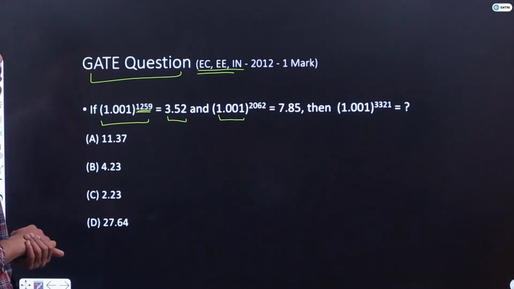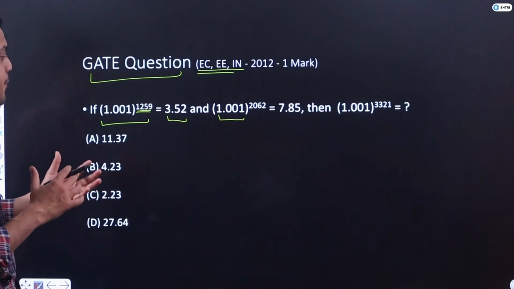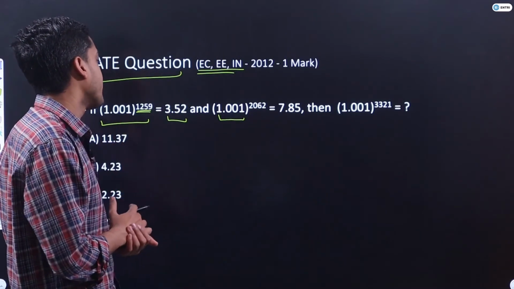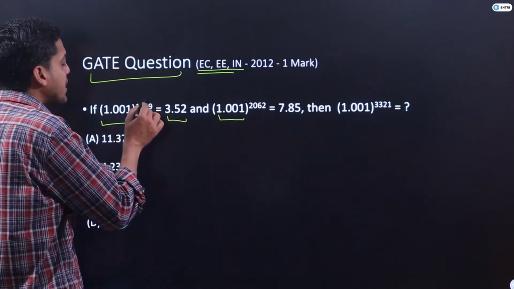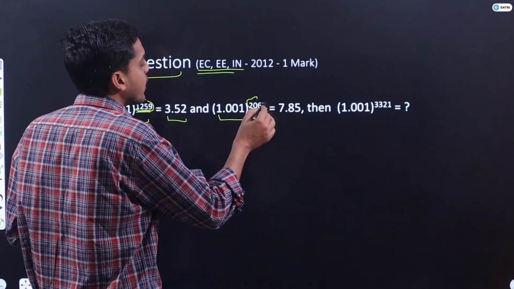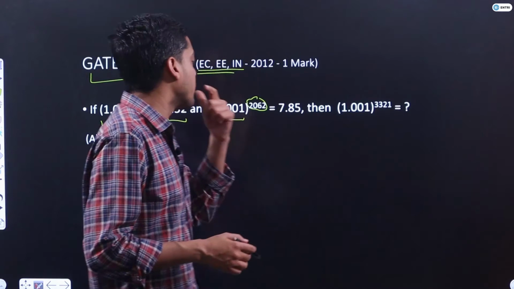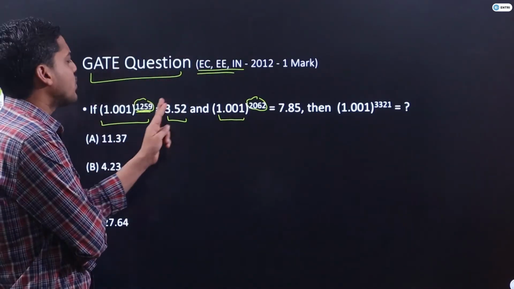So now, guys, if I look at the question with presence of mind, you must use your presence of mind. If I observe this question, the power is 1259 here and the power is 2062 here, and the question is asking about the power 3321. So which mathematical operation should I use so that the powers will get added?